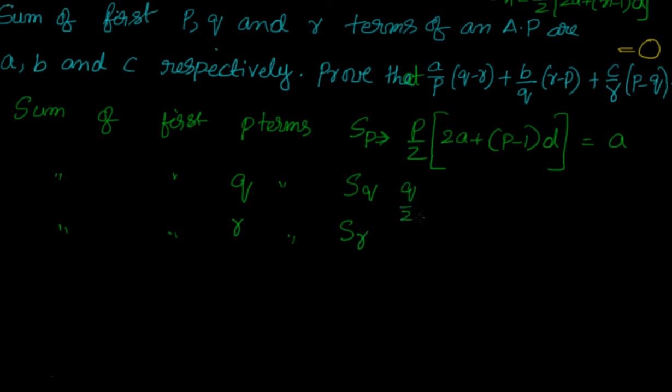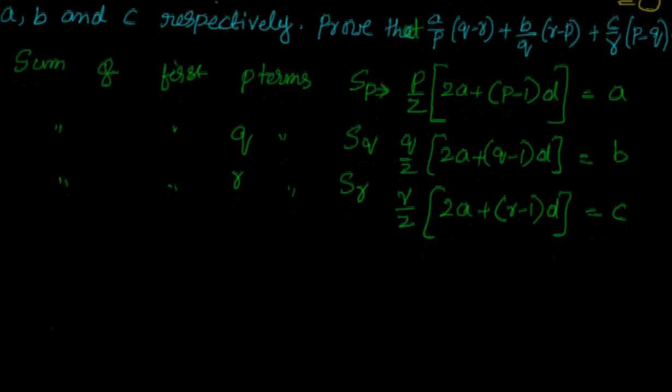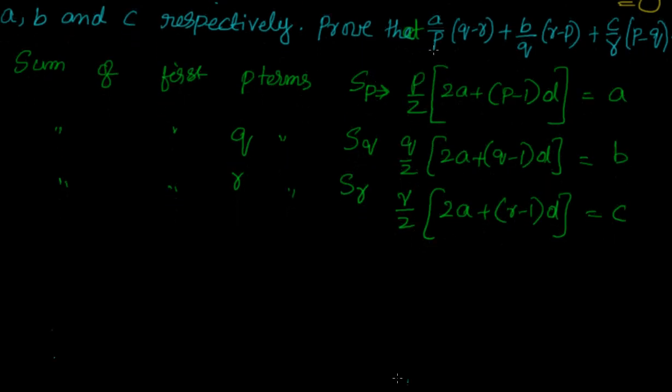S of q is q by 2 into 2a plus q minus 1 into d. I am not doing anything, just substituting in the formula. Similarly for S of r, it is r by 2 into 2a plus r minus 1 into d. That's equal to c.